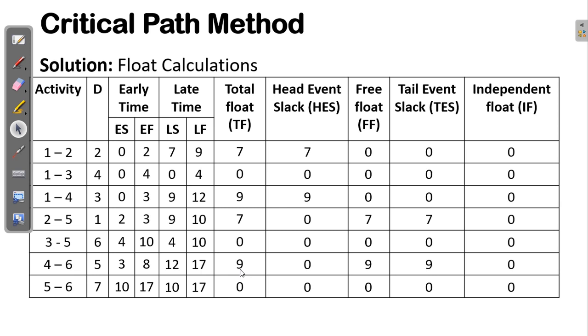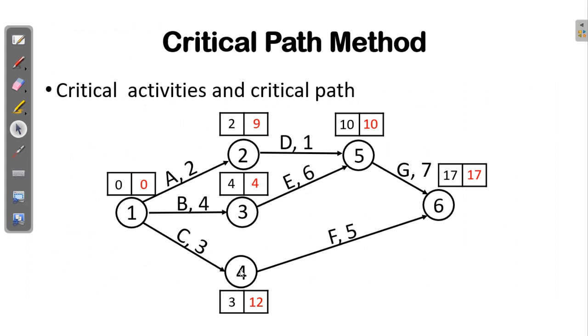Now you can represent the critical activities in a network diagram, because we have seen that activity 1, 3 is a critical activity, and also activity 3, 5 and activity 5, 6. These are critical activities, and they form a critical path. The critical path is the longest path in the network, with the longest duration time.